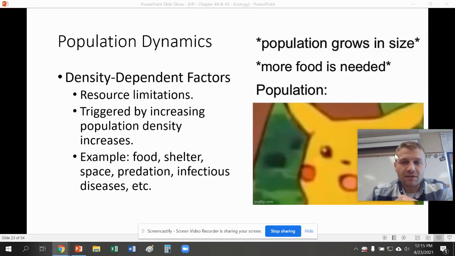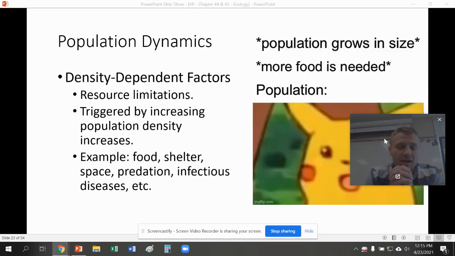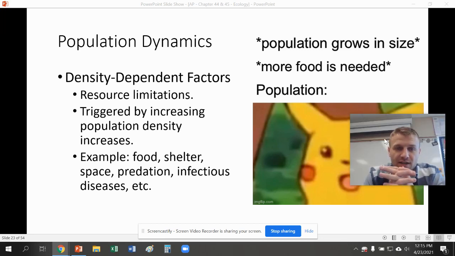All right, we have a couple different factors here that we talk about with the populations. Density dependent factors, and it sounds like what it does. They're dependent on the density. So like resource limitation, how big or how dense a population is, resources are going to greatly affect those density dependent factors. You can see here food, shelter, space, predation, infectious diseases.